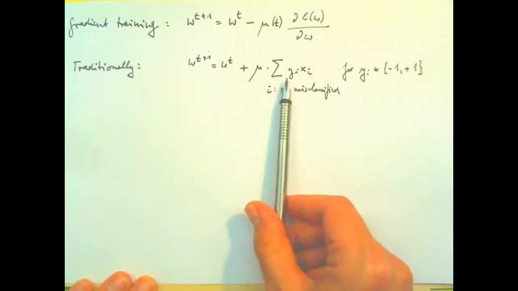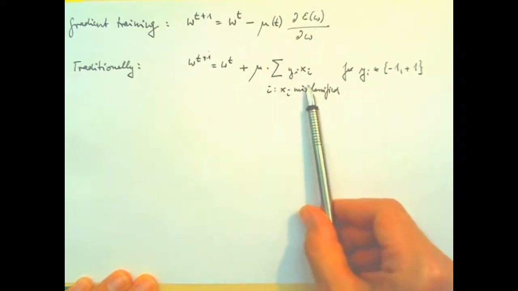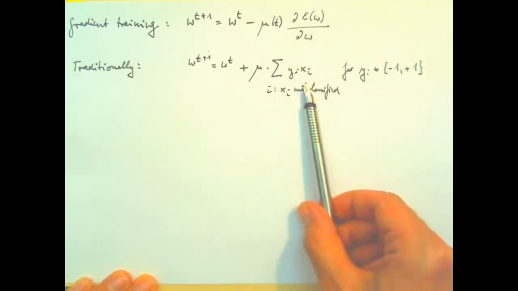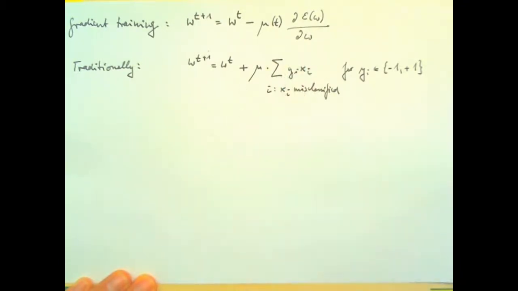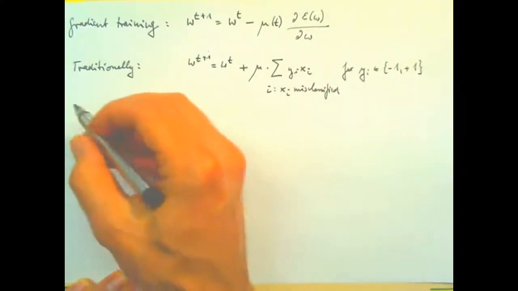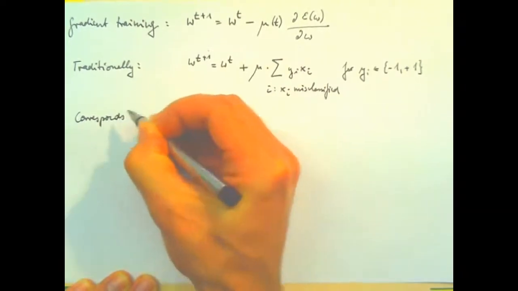So we know that this is a derivative with respect to W. If I want to know the original energy function, I need to integrate with respect to W. And I can then find that this corresponds to the following energy function.